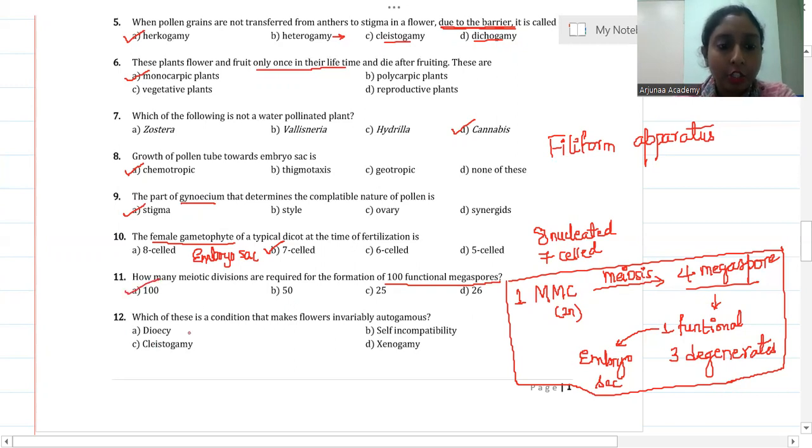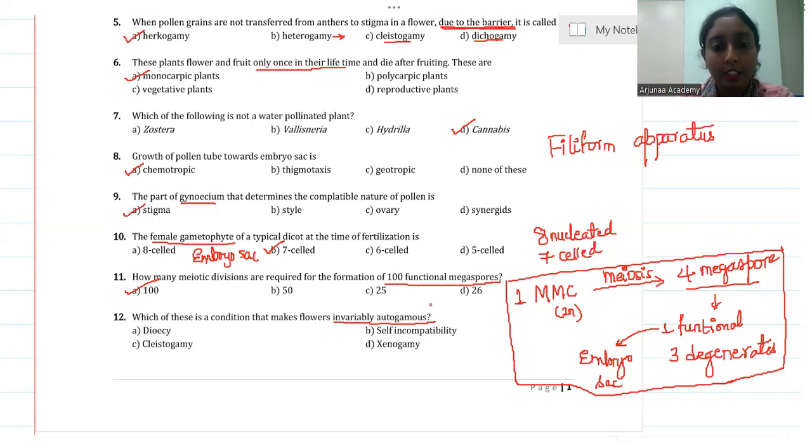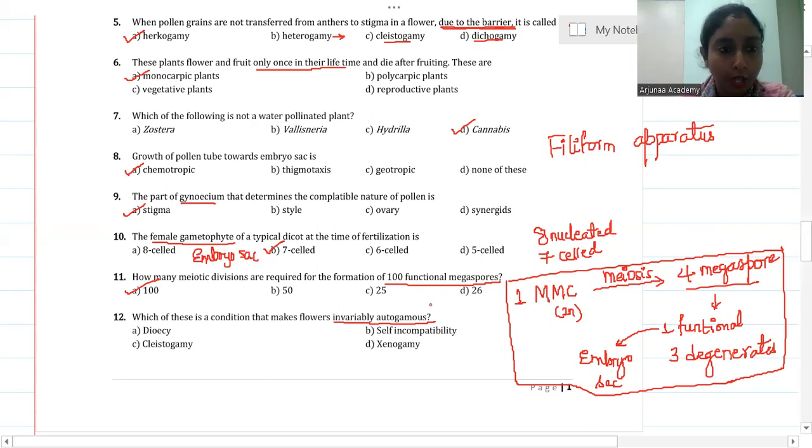Then, which of these is a condition that makes the flowers invariably autogamous? Invariably autogamous in the sense that there is no other chance of pollination. The pollination has to be autogamous, that is self-pollination. Which is the condition that makes the flowers invariably autogamous? This is given in your NCERT book, and also if we have understood the topic, it is cleistogamy.